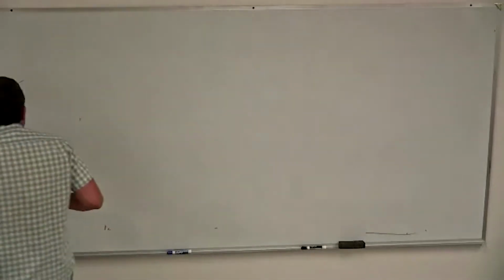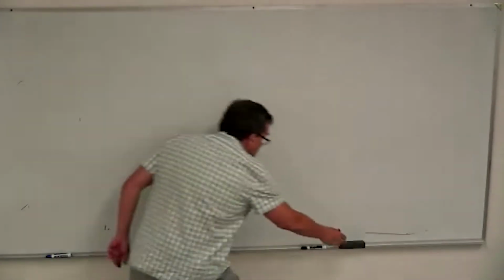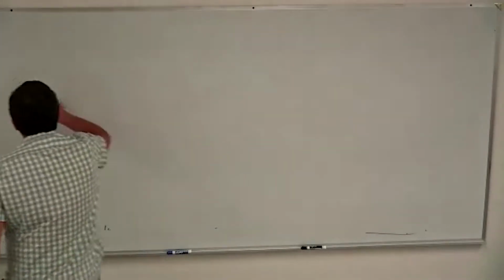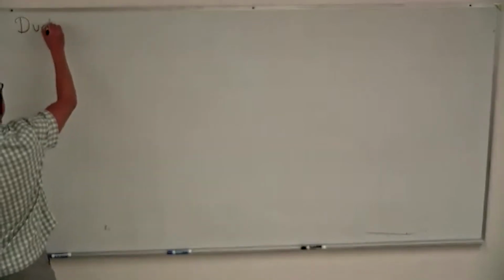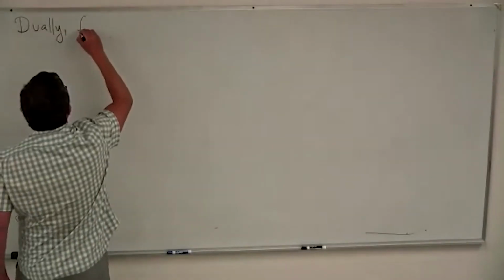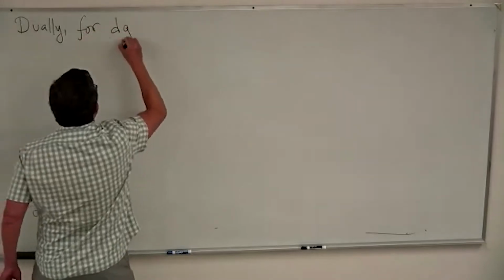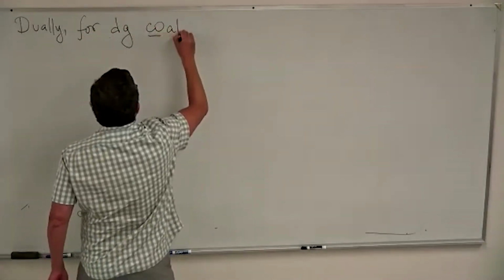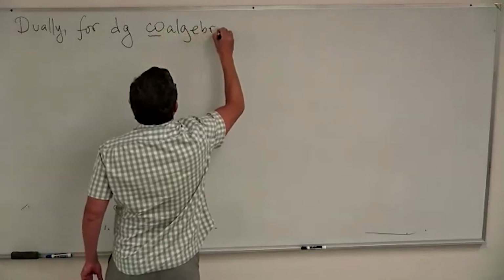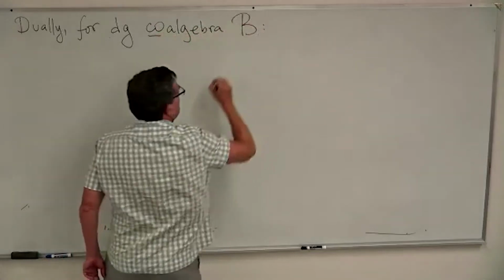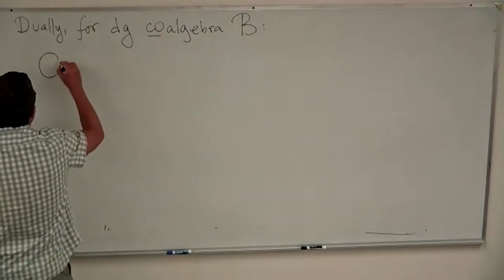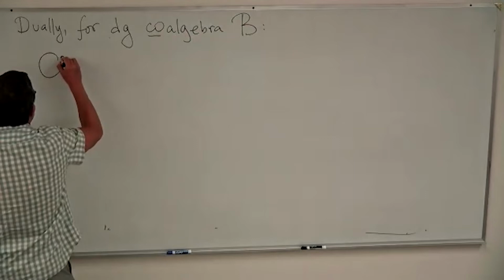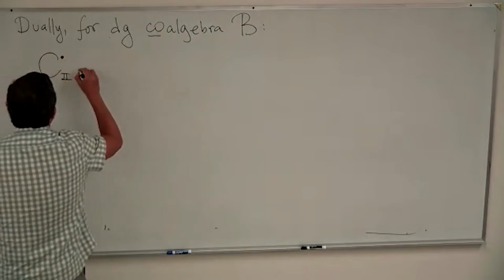Now, I'm not even sure if I will come to it, but maybe worth mentioning here that for differential graded coalgebras B, you also have a dual picture. Now it will be co-chain complexes.